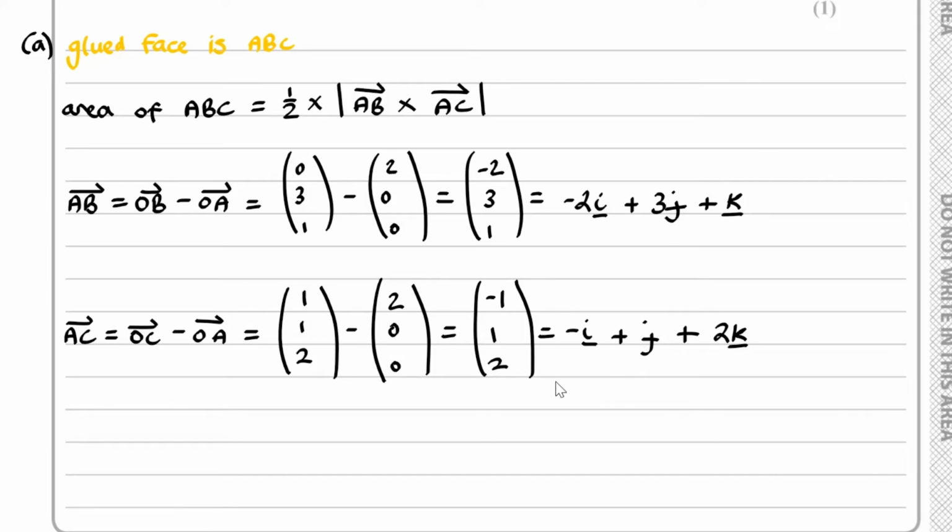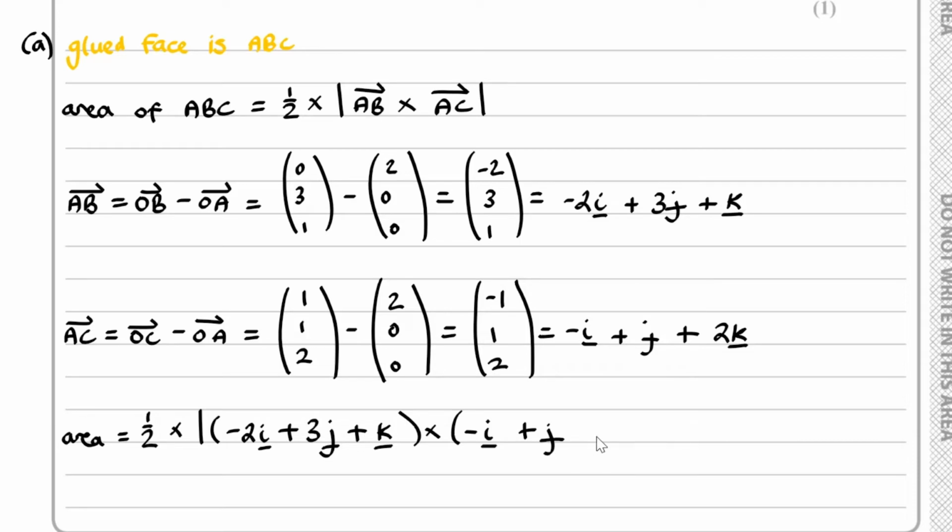So the area is equal to 1/2 multiplied by the magnitude of -2i plus 3j plus k crossed with -i plus j plus 2k. And we can work this out on our calculator.